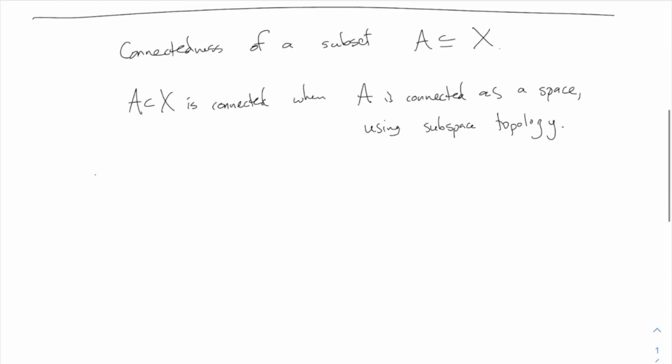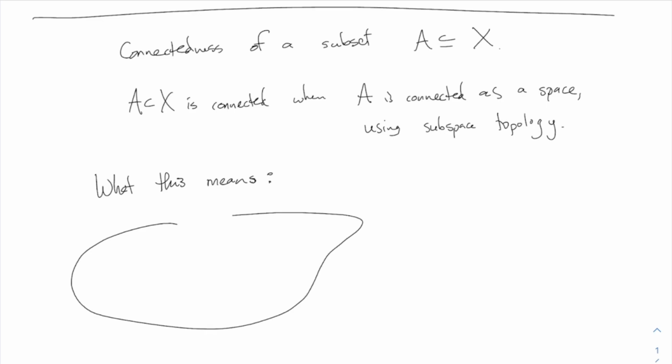So if you look through all the definitions in terms of what it means to be open in the subspace topology, the picture you should have in mind is X itself, the entire thing, maybe is connected, but I'm talking about a subset of X which is disconnected. So A maybe is in two pieces like this. Let's say the blue thing is A, right?